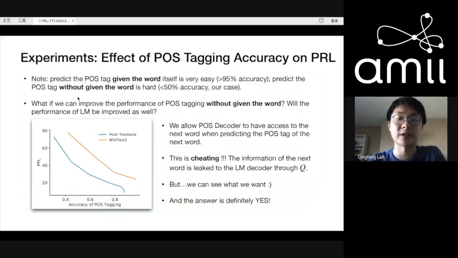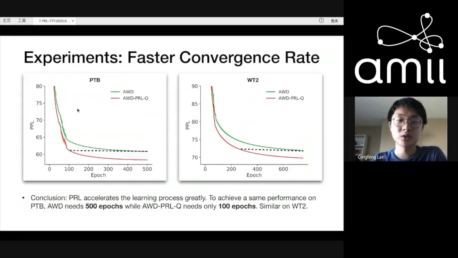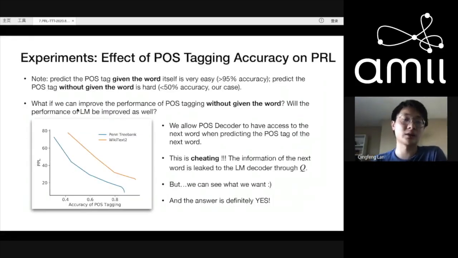And this is exactly our case because we want to predict the POS label of the next word without being given the next word. So this makes us ask questions like, what if we can improve the performance of POS tagging without being given the word? Will the performance of language modeling be improved as well?